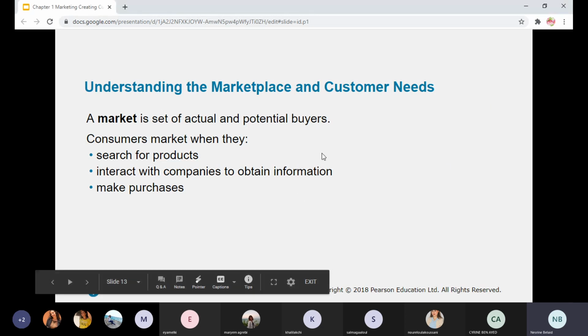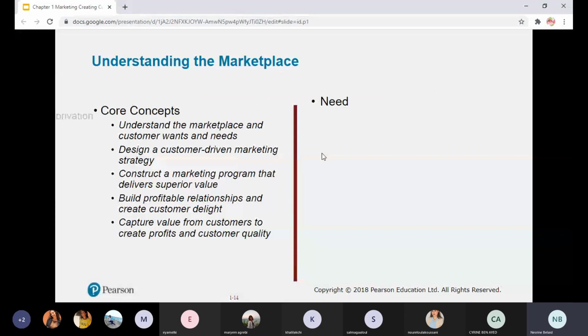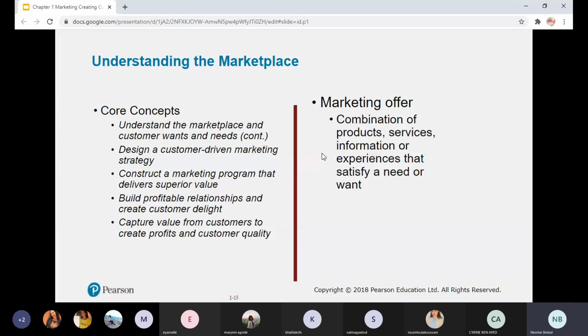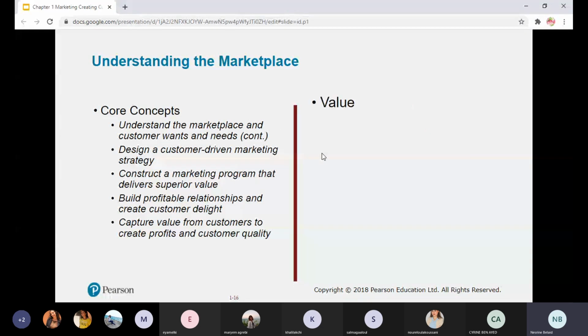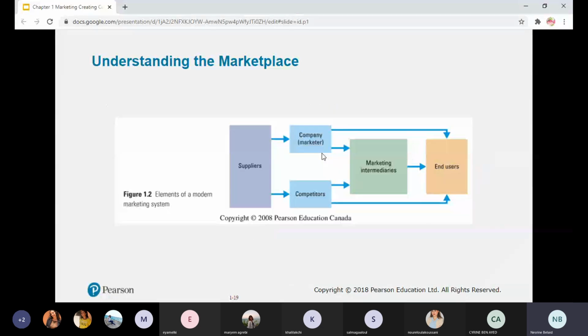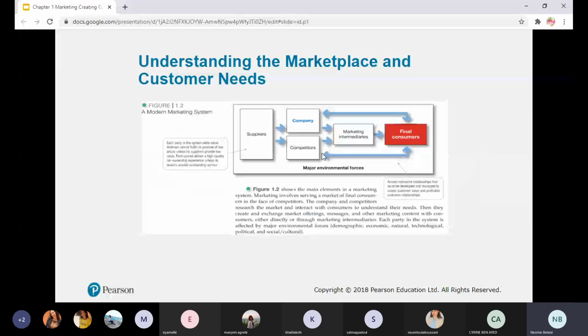So we understood what a market is, and here we have an in-depth understanding of needs, wants, and demands, marketing offer, value, satisfaction, exchange, market, and that's it. After that, we tried to understand the marketplace, the elements of a modern marketing system. So we have the supplier, company, and competitors, marketing intermediaries, and the final consumers.